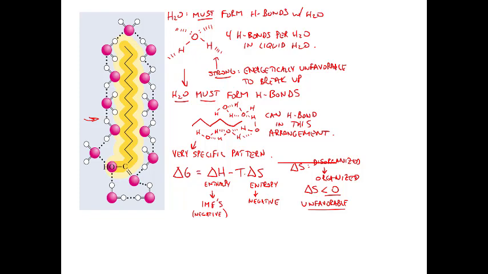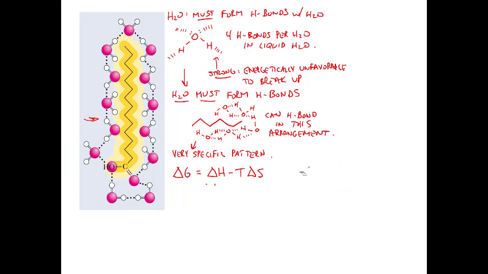A negative delta S gives you a positive second term for your delta G, and it tends to push your delta G up. So because of entropy, formation of this structure around all of our dissolved nonpolar solute molecules is unfavorable, and the system is going to avoid it as much as possible.